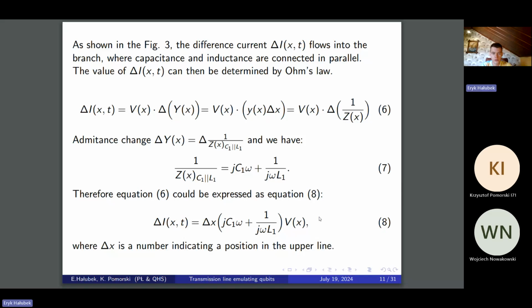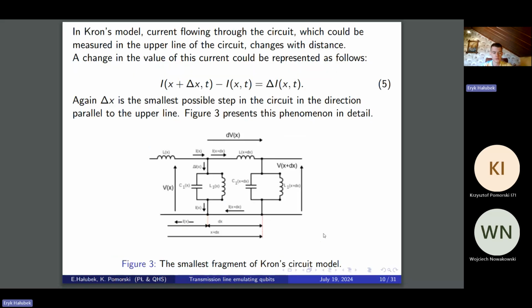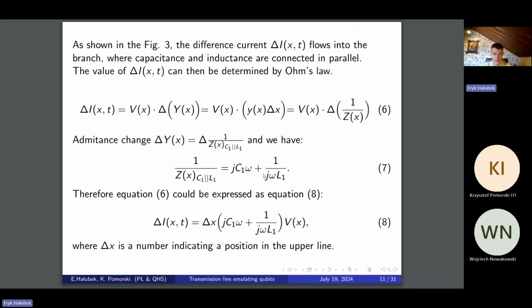So this current will depend on the place on the branch of the circuit. It will be different in each branch, different from the current that's on the left and that's to the right.